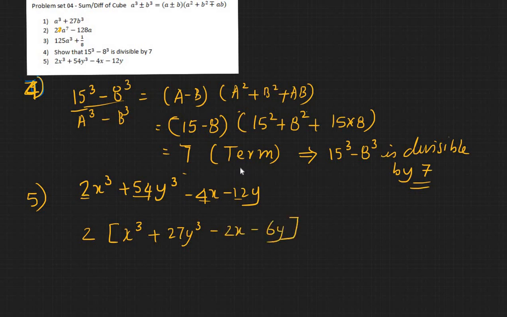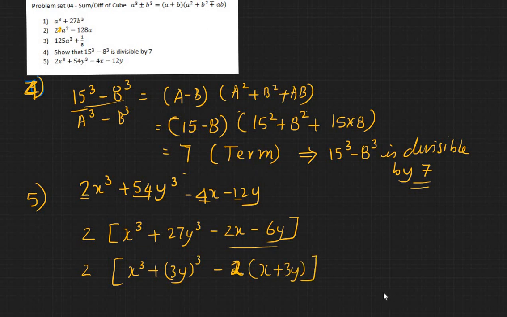And if you see this is of the form a cube plus b cube, and here again you can take 2 outside. So this would be x cube plus 3y the whole cube minus 1, and minus 2 times x plus 3y.